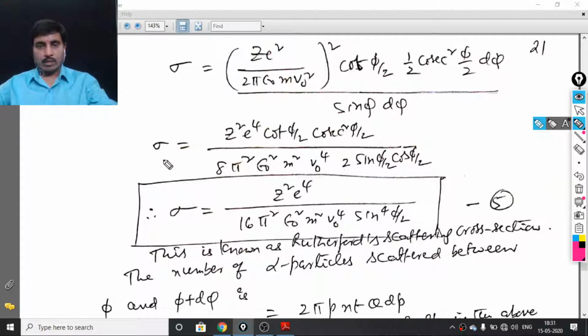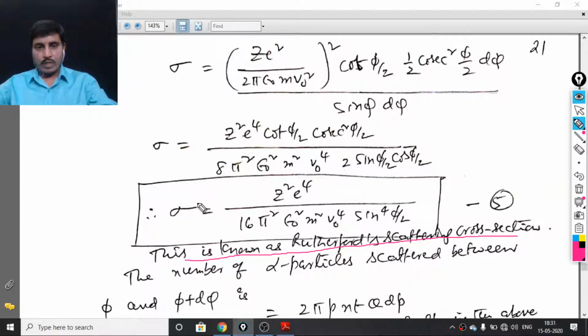Then the value of sigma can be obtained as sigma is equal to z square e power 4 by 16 pi square epsilon 0 square m square v0 power 4 sin power 4 phi by 2. This is equation 5. This equation is called Rutherford scattering cross section.